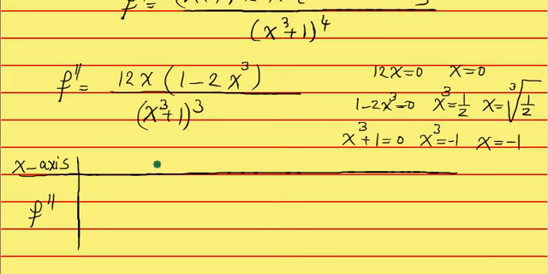Here I start at minus 1, and then there is a 0, and there's cube root of 1/2, and then of course from minus infinity to plus infinity we are traveling all the way through. We remember that minus 1 is not in the domain.